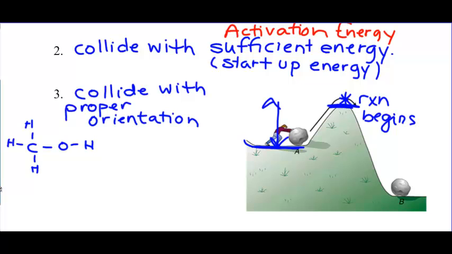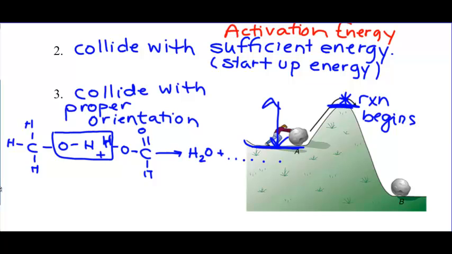So draw this. Looks something like this. This is an H here. If the molecules hit this way, then you will get a reaction occurring where water is made, okay? And some other things.